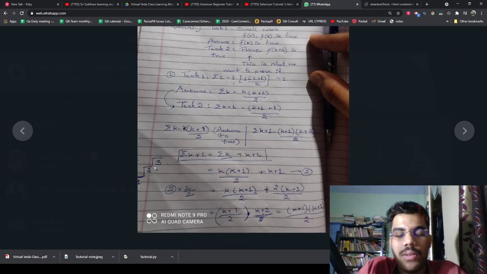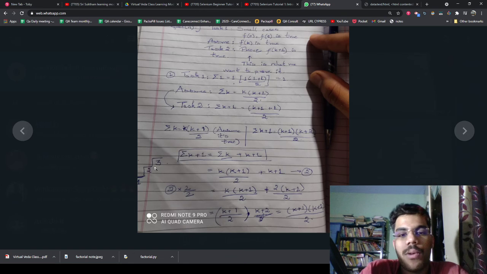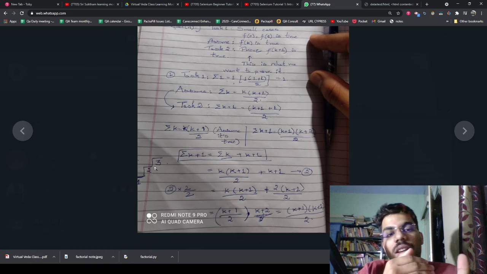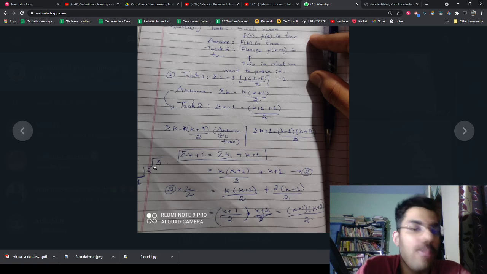Assuming that, we are getting a very large value, a very big equation, but this is a summation of k only. But using the assumption, we can find task 2, that is summation of just k plus 1. We are assuming the k value.